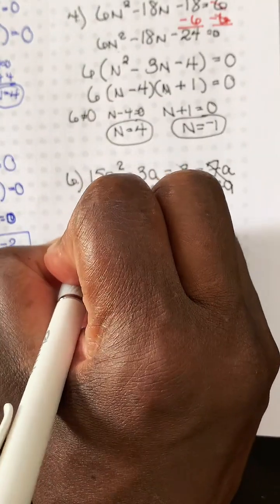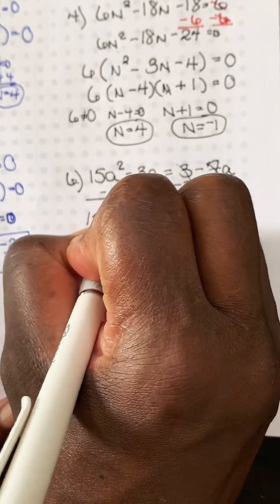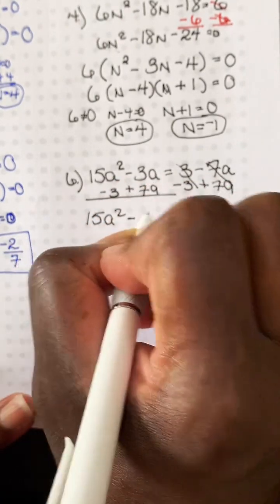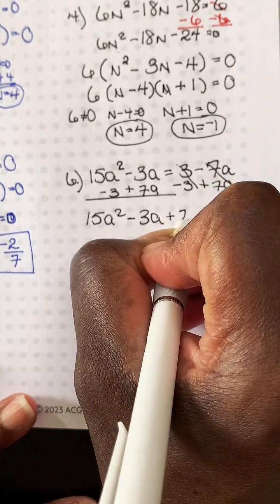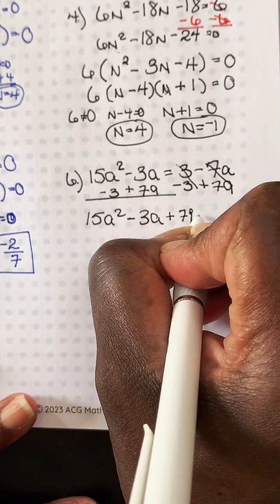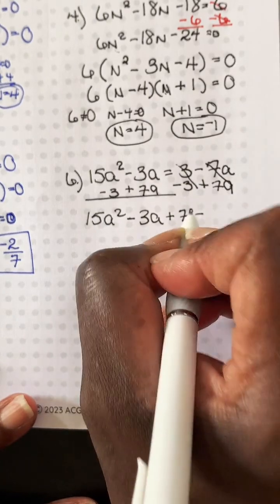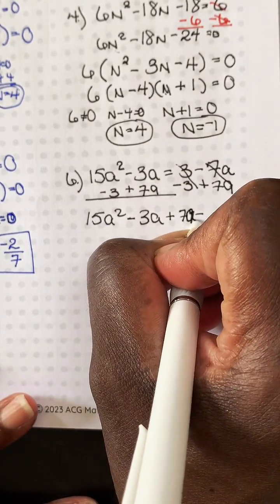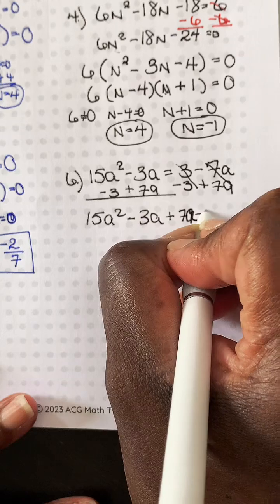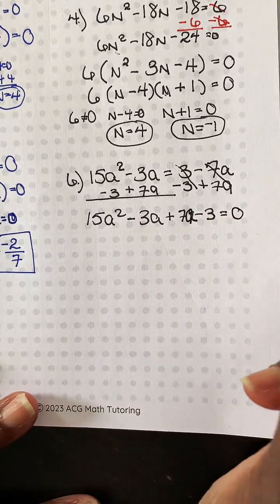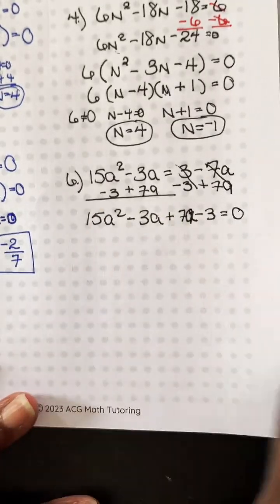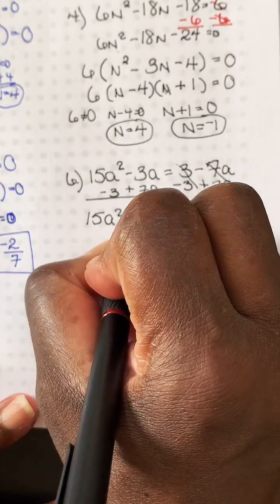So I have my 15a squared, okay, minus 3a plus 7a, okay, minus 3 equals 0. All right, but we can combine like terms right here.